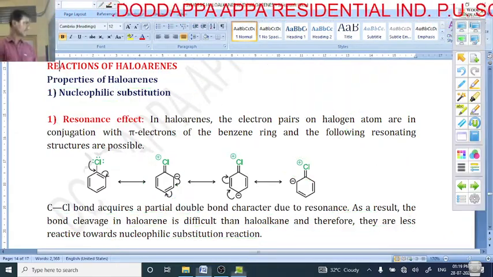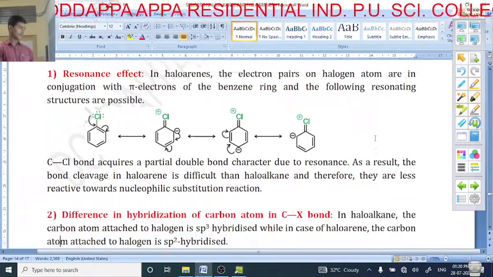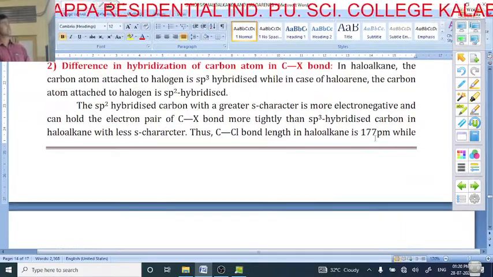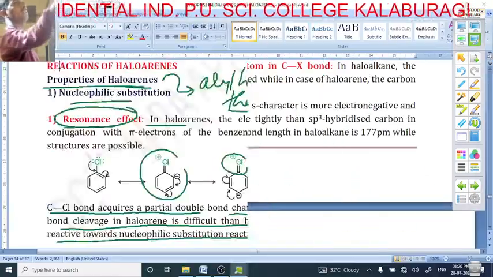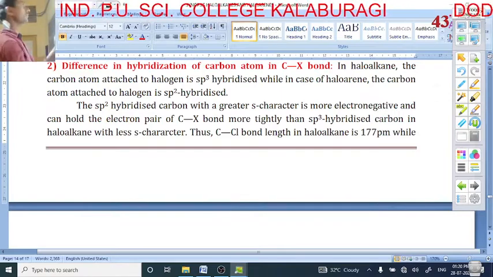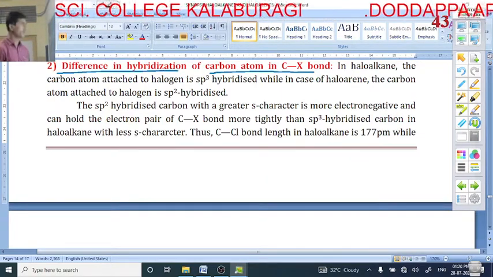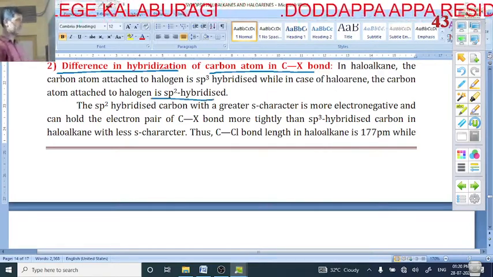The second reason is the difference in the hybridization of the carbon atom in the C-X bond. In aryl halides the carbon is sp2 hybridized.